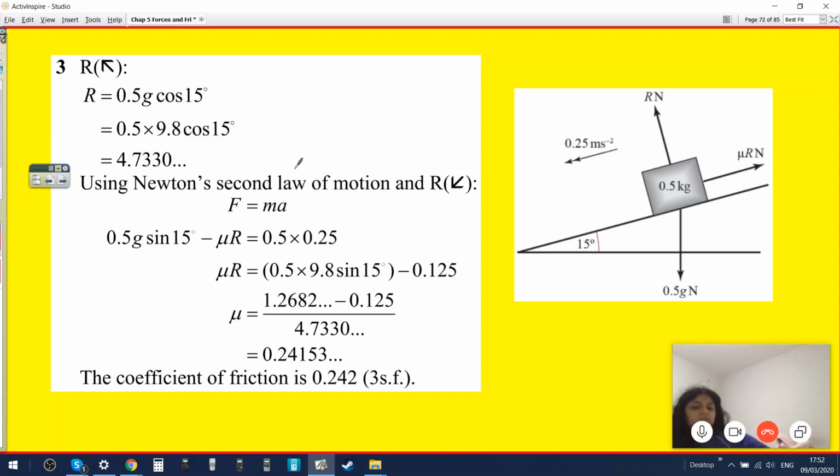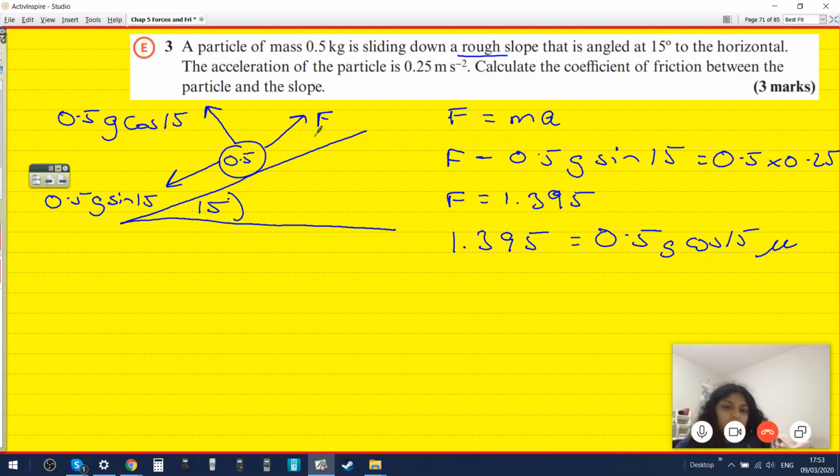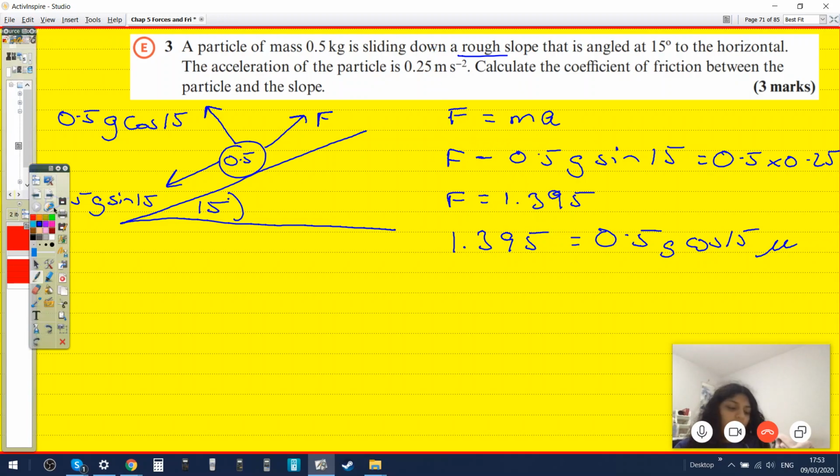Okay. F equals ma. Oh, hold on. That's why. It's sliding down. Okay, so these two need to be swapped. Friction is the smaller force. So that's going to be minus and that's going to be plus.